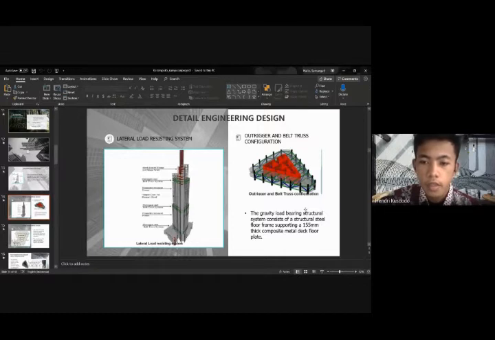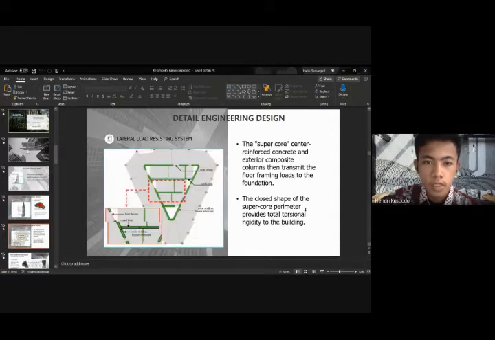The gravity load-bearing structural system consists of structural steel floor framing supporting a 155 mm composite metal deck floor plate. Lateral load-resisting system: the supercore of reinforced concrete and exterior composite columns then transmit the floor framing loads to the foundation.